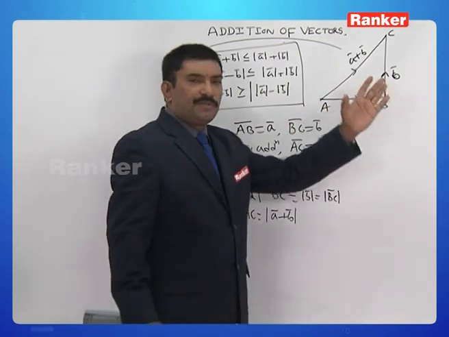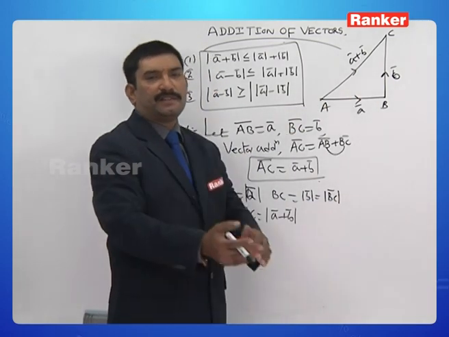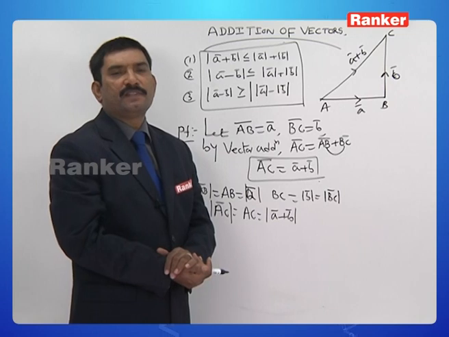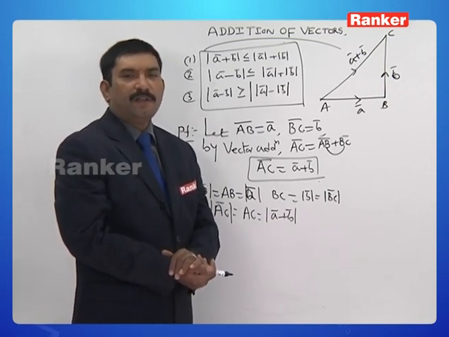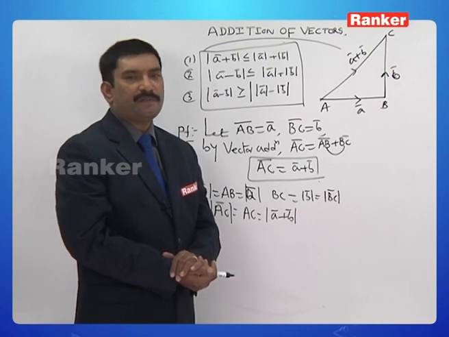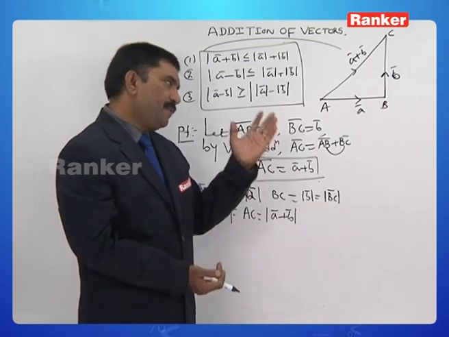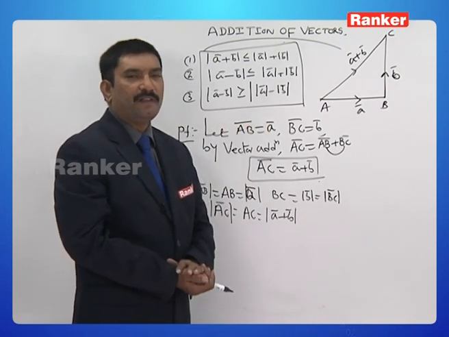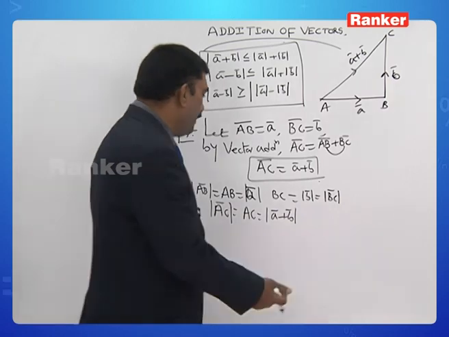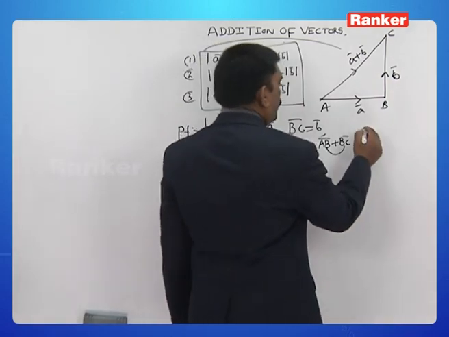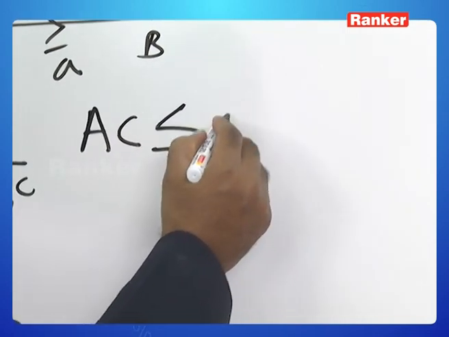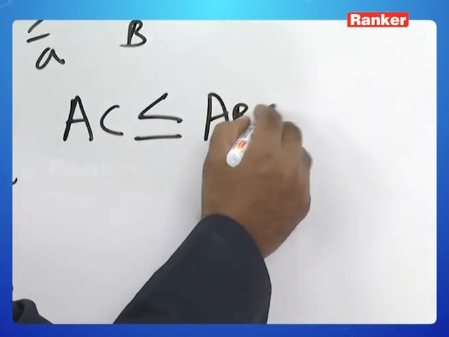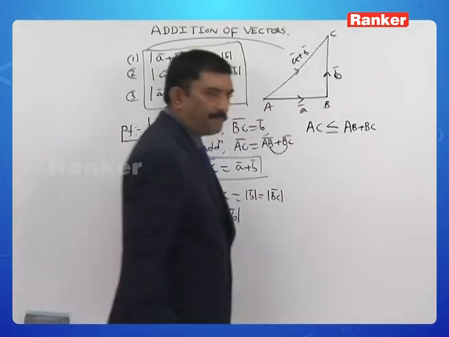Now, as I told, addition of vectors indirectly supposes the triangular law of addition. Since the terminal point of the first vector coincides with the initial point of the second vector, it indirectly forms a triangle. We are finding the triangular law of addition. So therefore, we know one side is always less than or equal to the sum of the other two sides, AB plus BC.